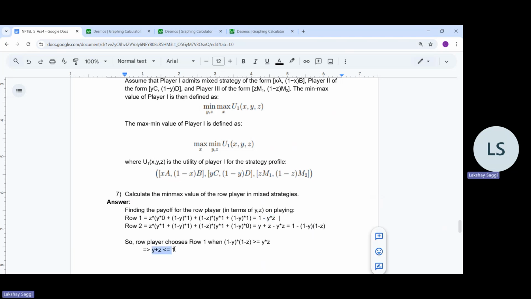And if y plus z is less than or equal to 1, then this value will be chosen, 1 minus y times z, right? And what y and z want is essentially to minimize this value, to make it as small as possible. For making it as small as possible, you want to make this as large as possible. But y plus z is constrained to be less than or equal to 1.